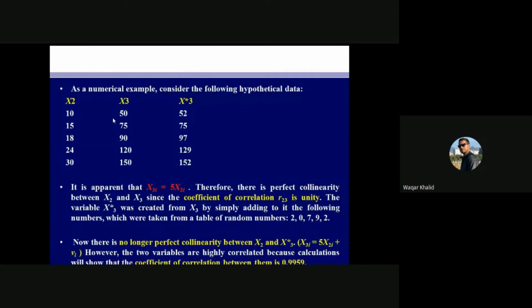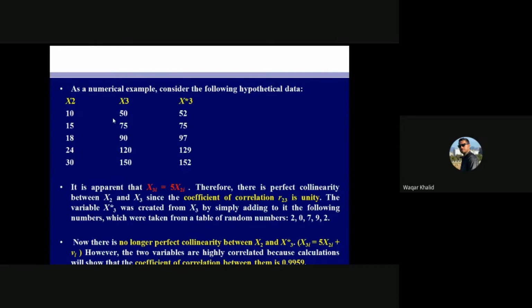This is the simple data, x2 and x3, and we know that x2 and x3 are perfectly collinear. So if we want to estimate beta 2 or beta 3, in this case it is impossible. We cannot determine the slope coefficients or the regression coefficients.